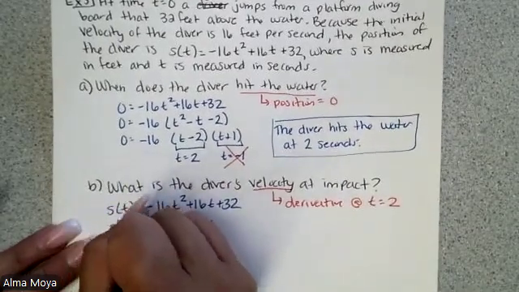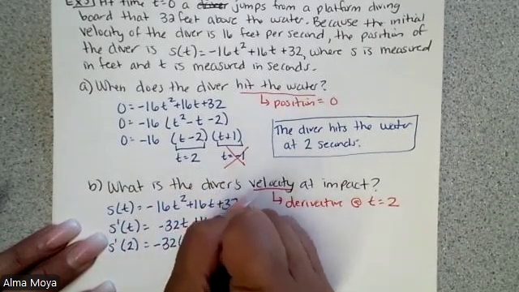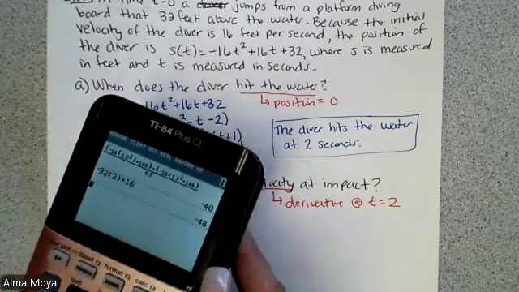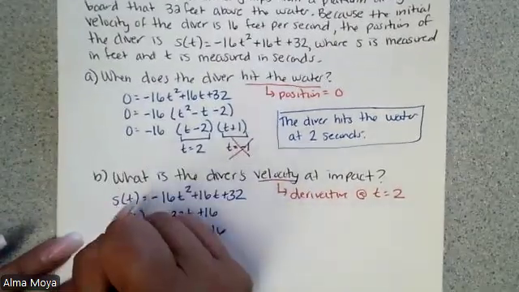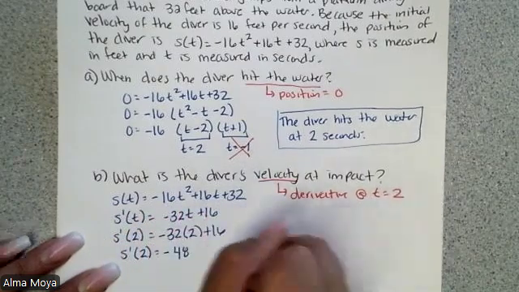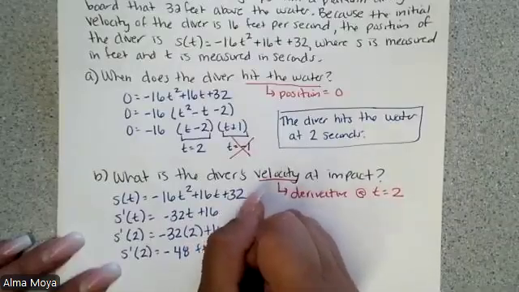So the derivative at 2 is going to be negative 32 times 2 plus 16, and my answer comes out to be negative 48. So here I get a negative 48, and the units is going to be feet per second.